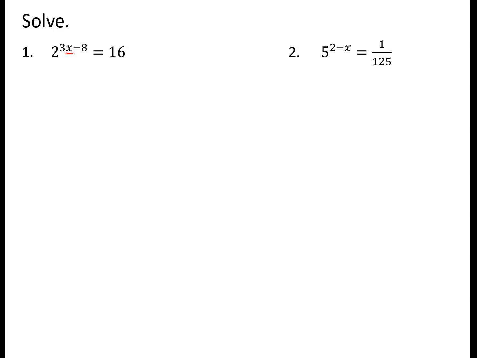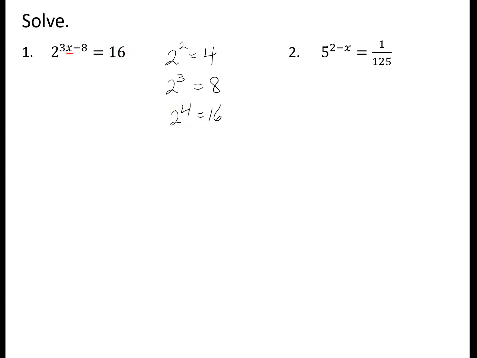Maybe you know that right off the top of your head, and maybe you don't. If not, then you want to just start calculating powers of 2. We'll start with 2 squared. 2 cubed is 8. 2 to the 4th is 16. So there we have it. We're going to replace the 16 with 2 to the 4th.